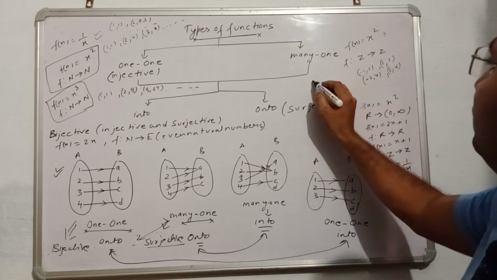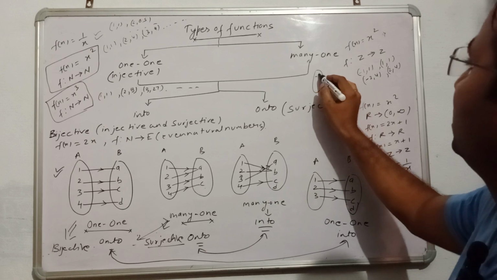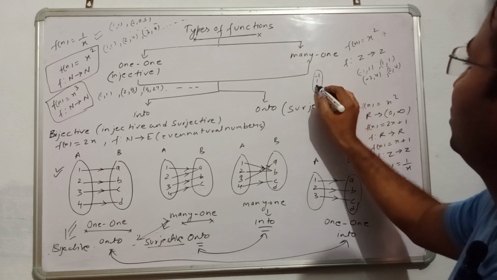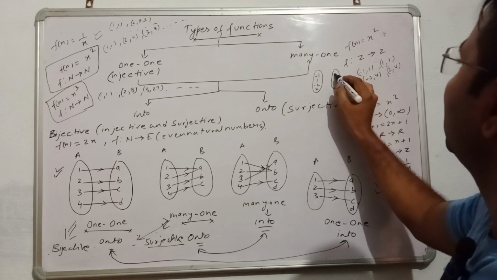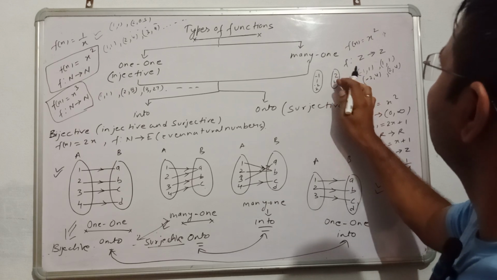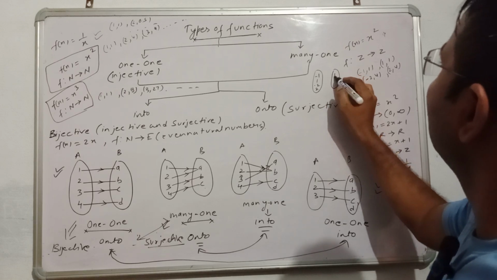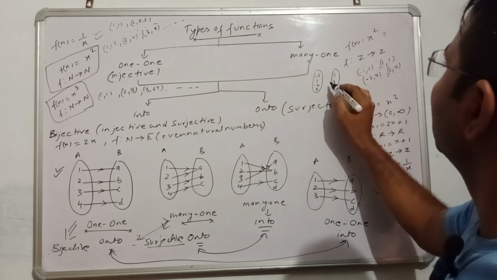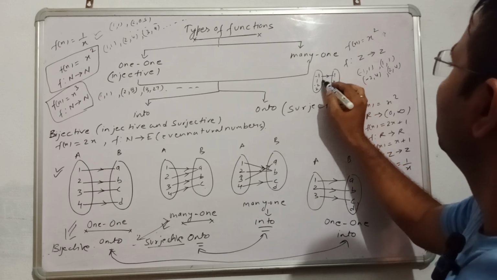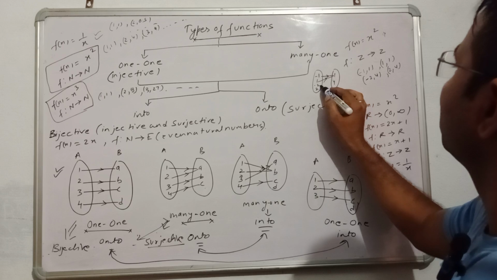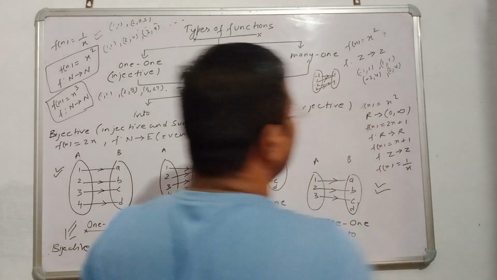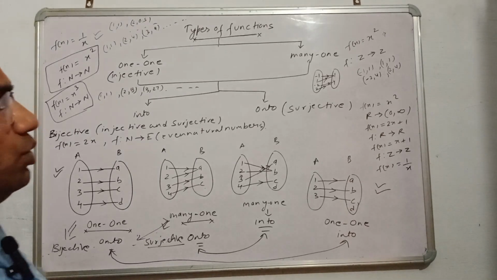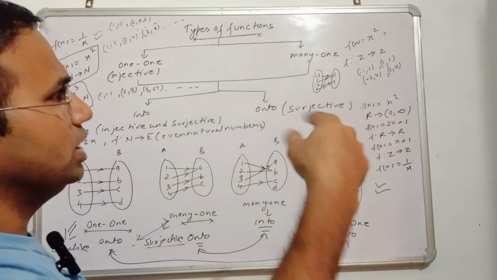See here, if you do the mapping, you take -1, 1, -2, 2, and then here you have 1 and 4. So 4 is the image of -2 also and 2 also. 1 is the image of -1 also and 1 also.